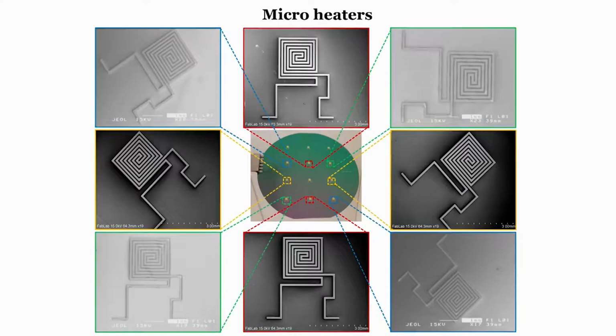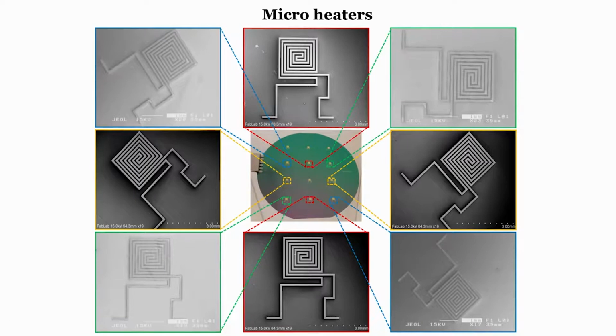So, the first one is a micro heater, right. What exactly is this micro heater? What do you mean by a heater and where would its application be? If you see this particular slide, what is it showing? Micro heaters.